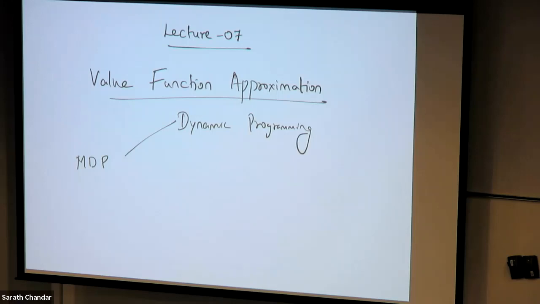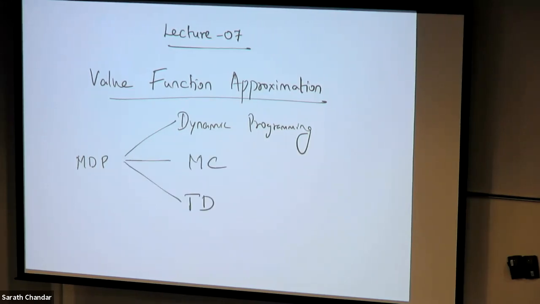Now, what are the two major learning methods that we have seen in this course? Quiz. TD, okay, so temporal difference learning. So what else? Monte Carlo.